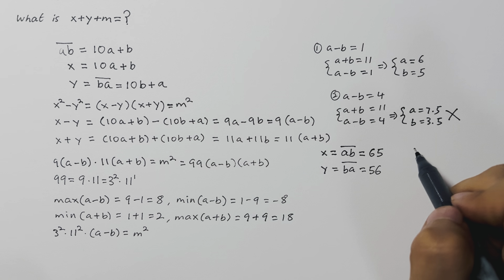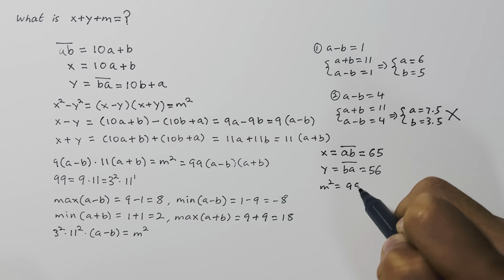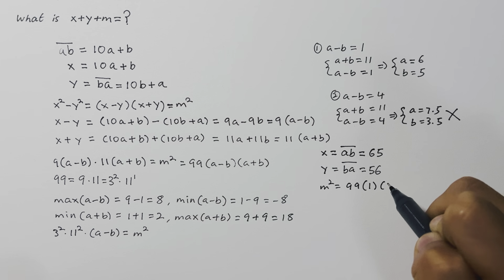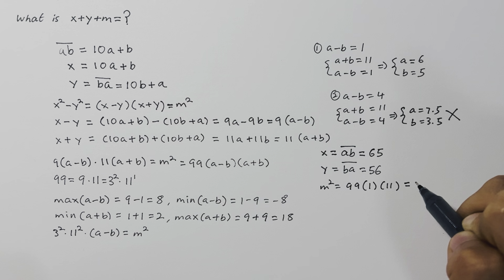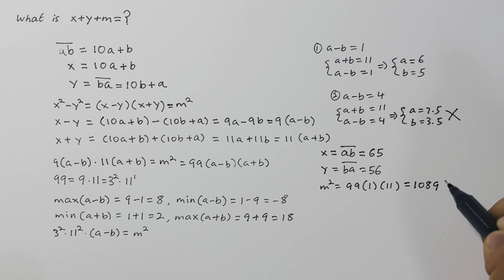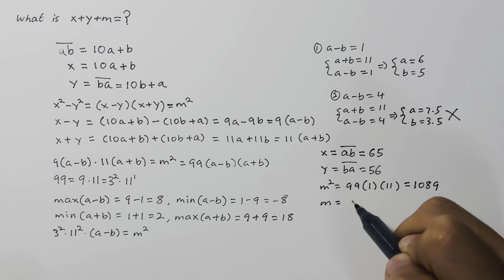And then m squared equals to 99 times 1 times 11 equals to 1089. So m is the square root of 1089, which is 33.